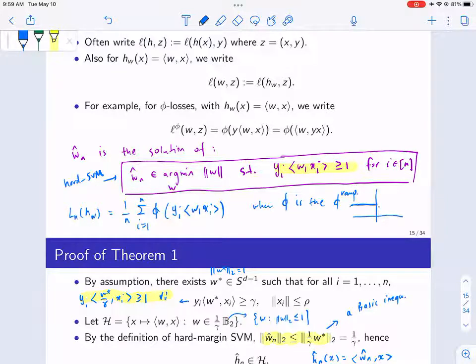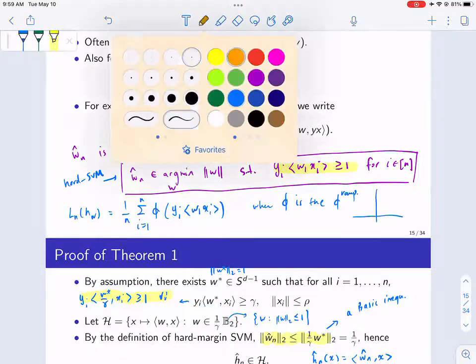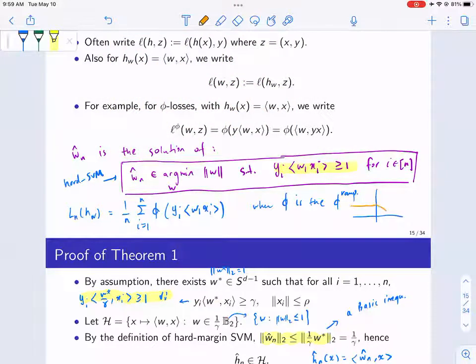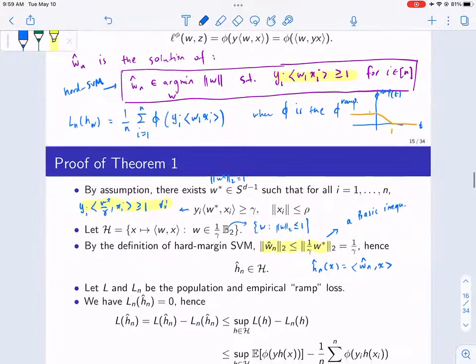Sorry, 1 here. So this is 1 here, 1 here. And so this is phi ramp. So the claim is that L_n of h_{w hat n} is 0.